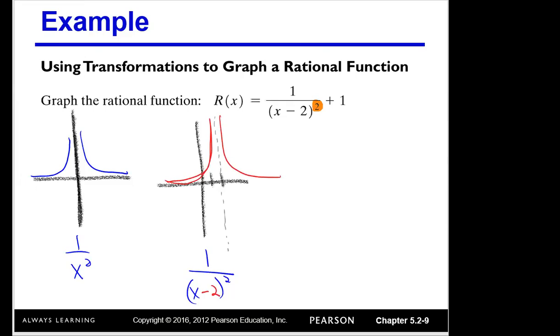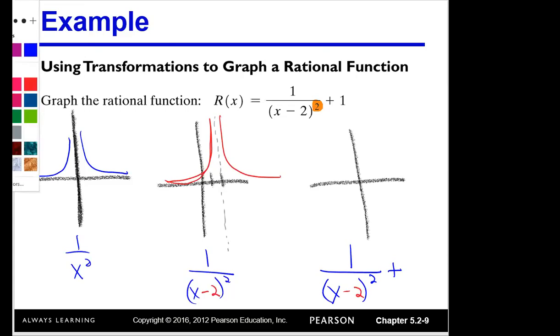And then the last thing I'm going to take a look at is that plus 1. And so I've got the minus 2 here. And so now we're going to look at the plus 1 right here. And all that's going to do is move my graph up 1, right? It's going to shift it up 1. So here's still that vertical asymptote.